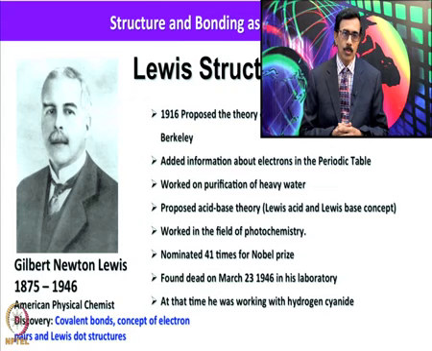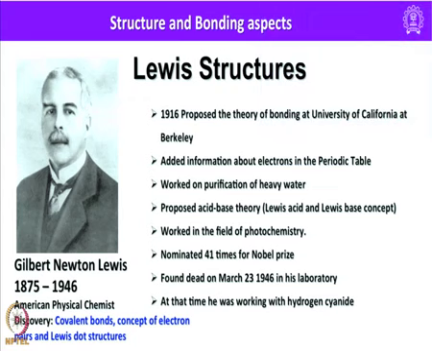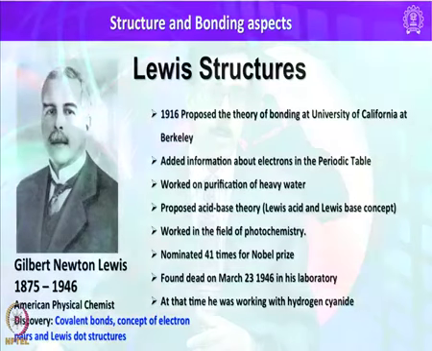So, let us look into the Lewis concept, how he came up with a solution to explain the bonding in main group compounds. According to the Lewis dot structure, what we should do is determine how the atoms are bonded in a molecule.